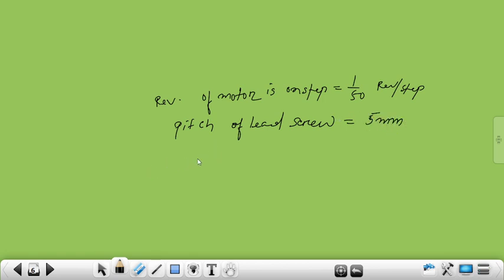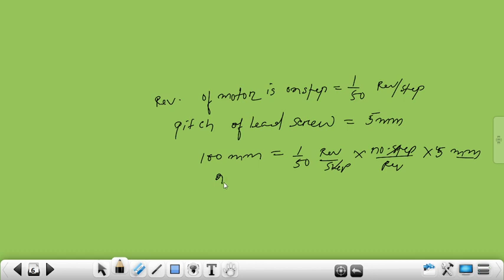So the movement table length is given 100 mm, which is equal to 1 by 50 revolution per step, and we have to find the number of steps, and the lead screw pitch length is 5 mm per revolution. By unit balance, revolution cancels and step cancels, and we get mm and mm.